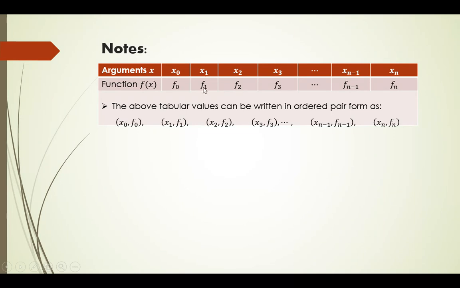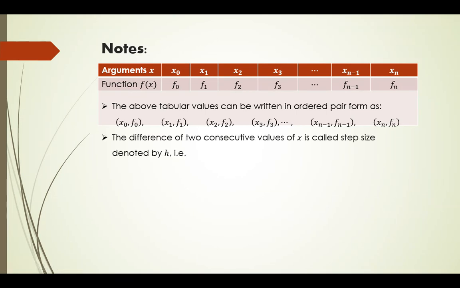Similarly, x1 f1, x2 f2, x3 f3, xn minus 1 fn minus 1, xn fn. So this table can be written in the form of ordered pairs. If ordered pairs are given to you and you want to make a table from them, you will write them in this form, that is x naught f naught, x1 f1, and so on.